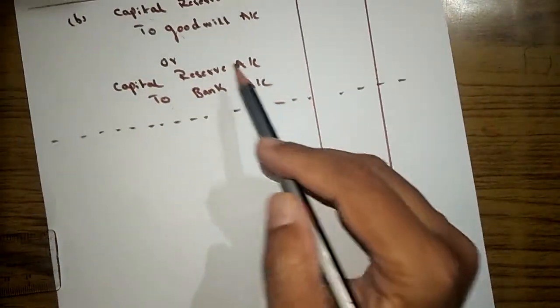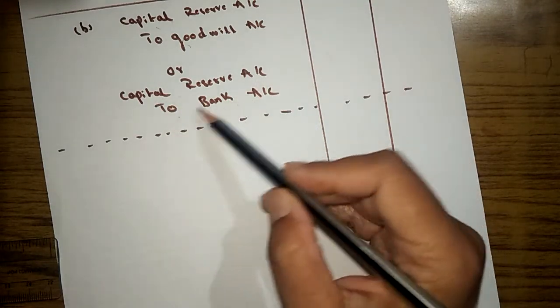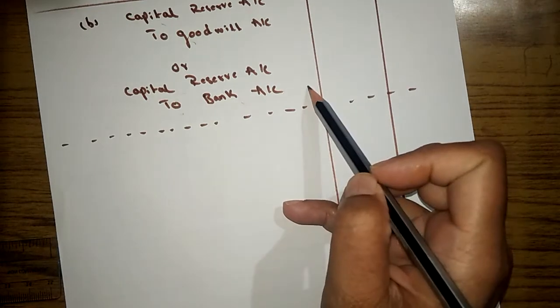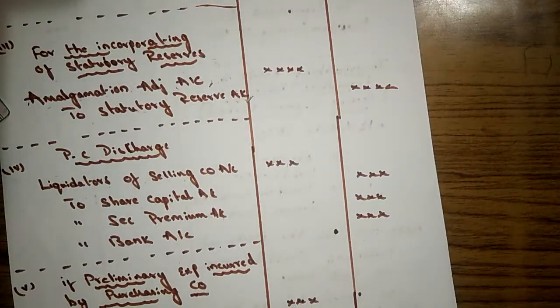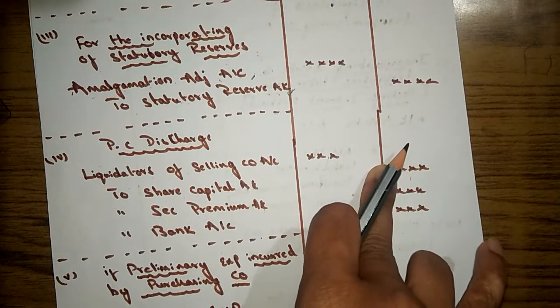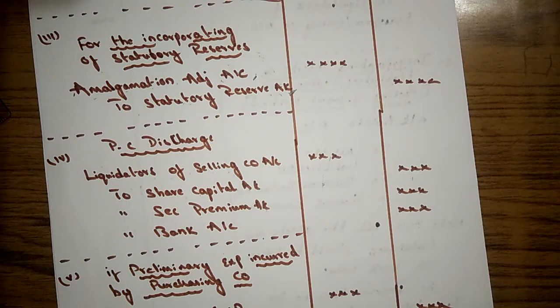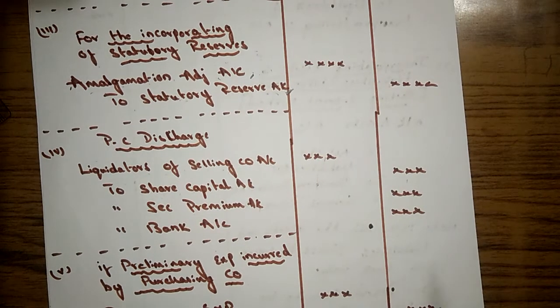That's the reason instead of two entries we can pass one entry, capital reserve account to bank account. In the next session we will try to solve at least two problems, one under amalgamation in the nature of merger, and one more question under amalgamation in the nature of purchase.